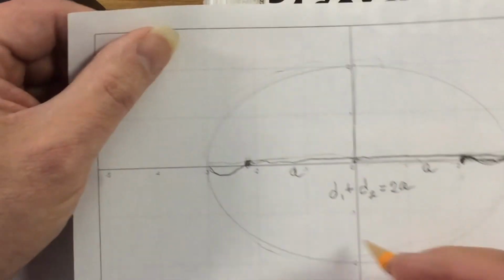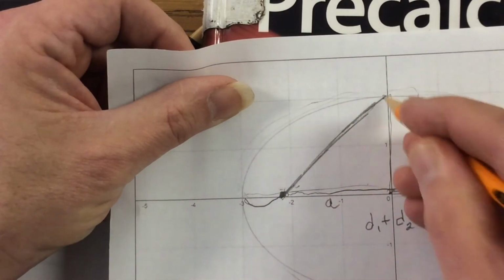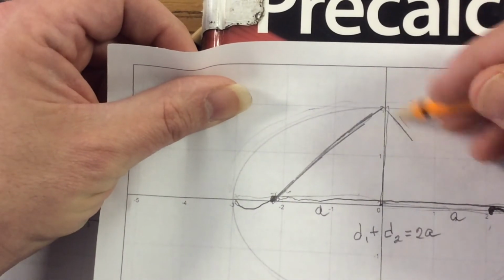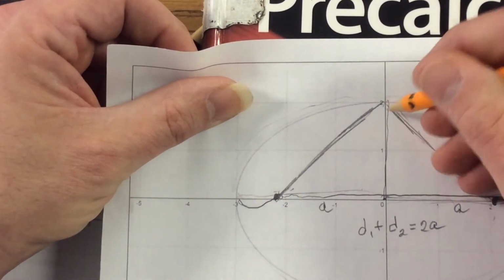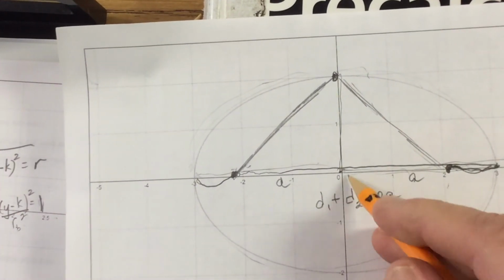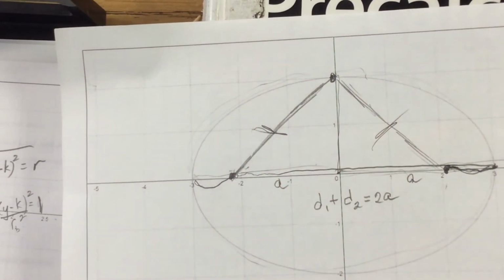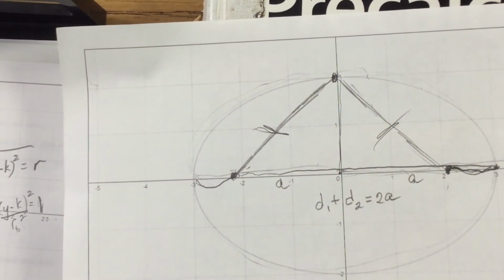Wait a minute. What if I'm trying to get the distance from here to here, right? In order to get this point right here, that's an isosceles triangle. This is going to be equal to this, right?